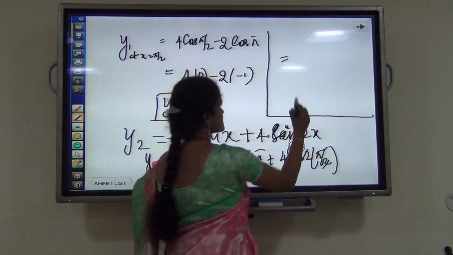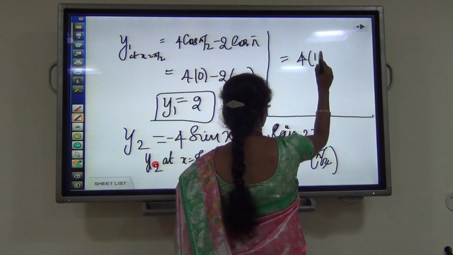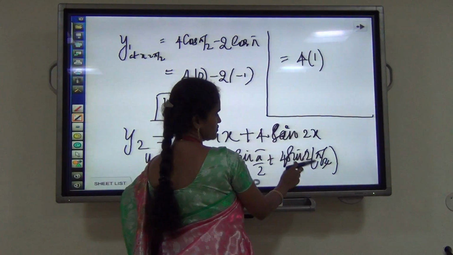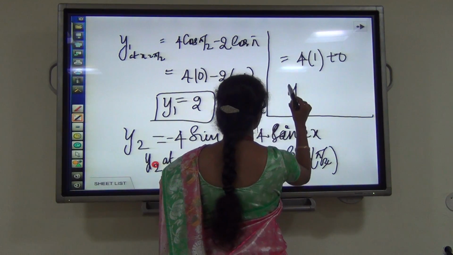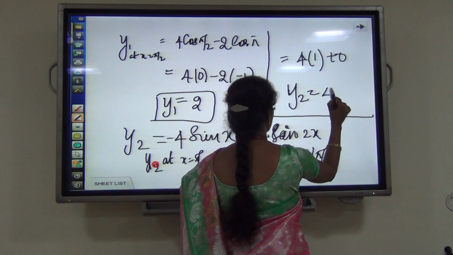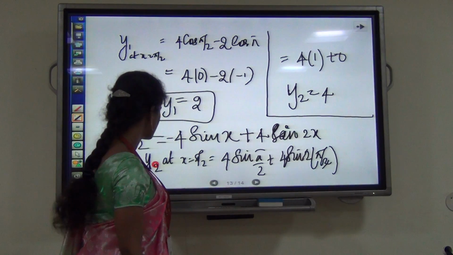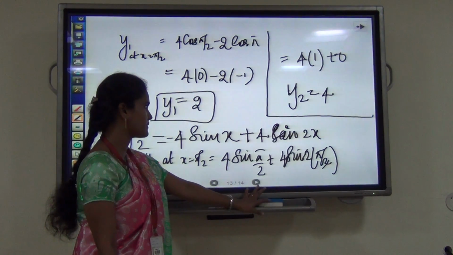So 4 times sin pi by 2, whose value is 1, and here the 2 gets cancelled, sin pi is 0. So that is 0. So the y2 value, the value of the derivative y2 at x is equal to pi by 2, is 4.